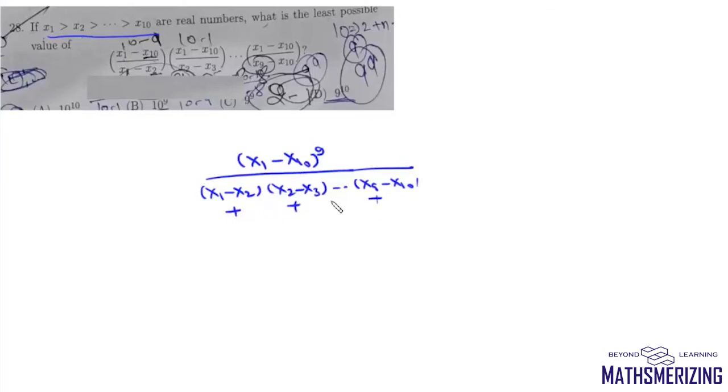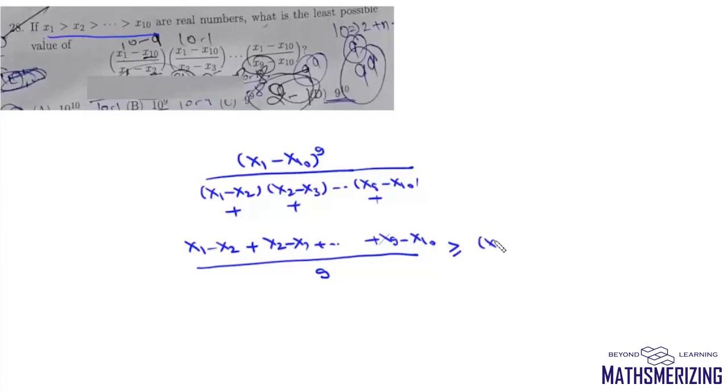So basically we need to find relationship between product and sum of these numbers, and for that we can simply use AM and GM. Now if we find arithmetic mean of these 9 numbers, so it will be (x1 minus x2 plus x2 minus x3 up to x9 minus x10) whole divided by 9 will be greater than or equal to (x1 minus x2) into (x2 minus x3) up to (x9 minus x10).